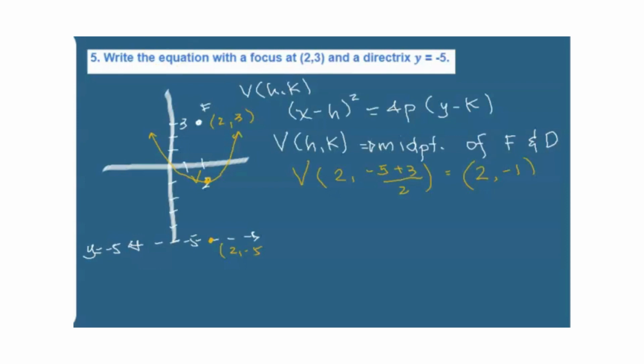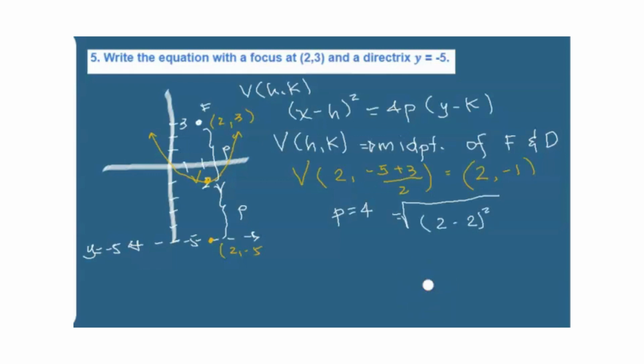We also learned that the vertex is p distance to the focus, and also the vertex to the directrix is p. Therefore, p would be equal to 4. We can just count, or we can use the distance formula.